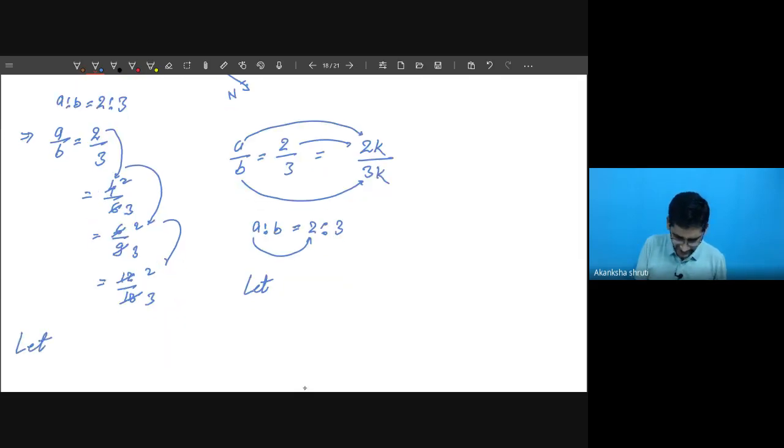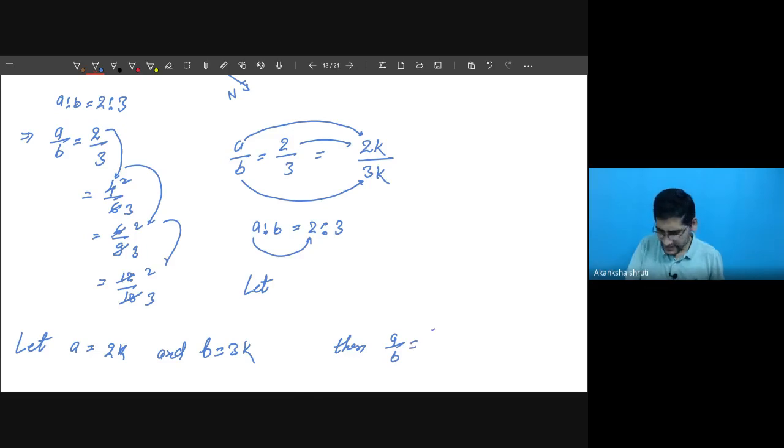So let A be equal to 2K and B be equal to 3K. Why? You can verify this. If you take A by B, this is 2K over 3K, where K is any constant, and K and K get cancelled. It is ultimately 2 by 3.